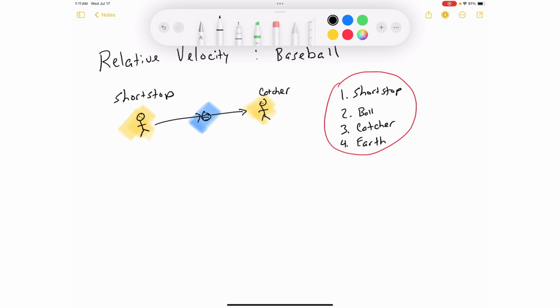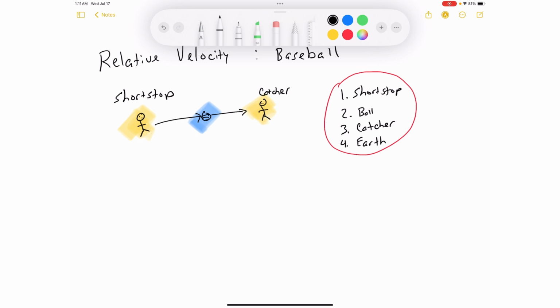What we're going to do is figure out, number one, what are all the objects involved in this problem. There is a shortstop, there's a ball, there's a catcher, and lastly, and this may be something you might forget, the earth or the ground.